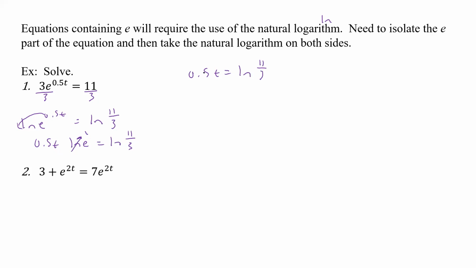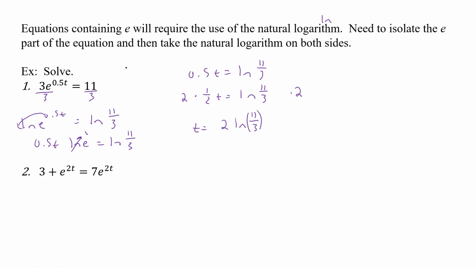Now, what is 0.5? Well, that's a half. So if I want to rewrite this, 1/2 t is equal to the ln of 11 over 3. And to get rid of that 1/2, I multiply by 2. So then t is equal to, well, I'm going to put that 2 out in front because it's going to be easier, 2 ln of 11 over 3. Now, am I done?